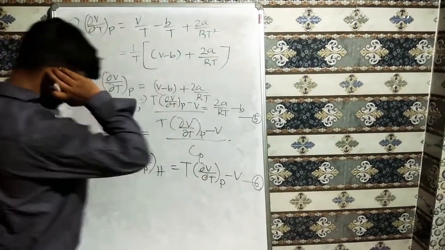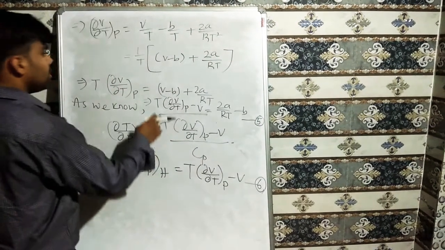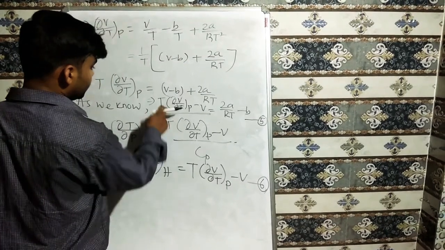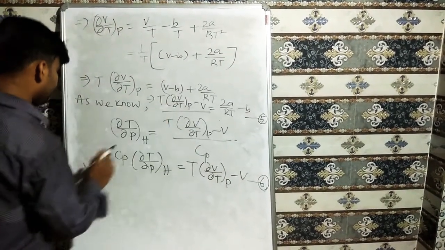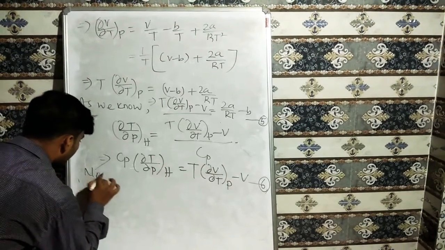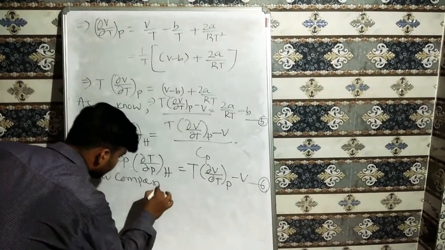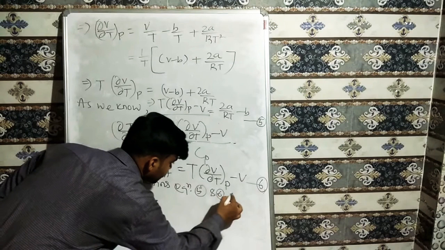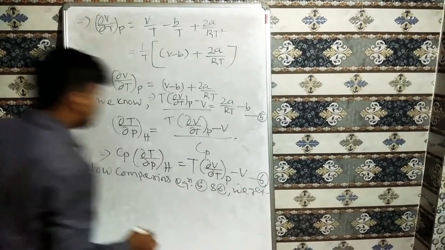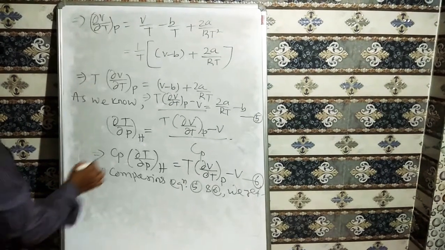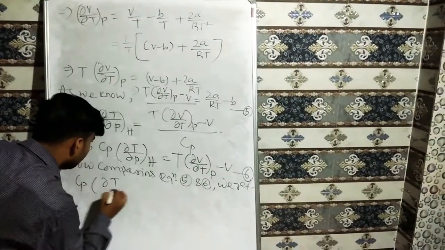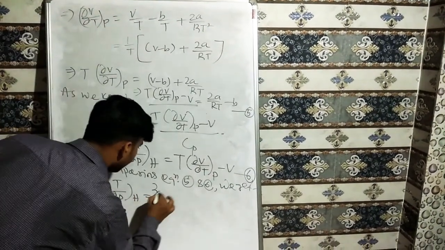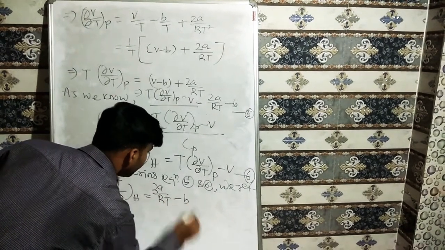In equation 5, on the left hand side this term, and in equation 6 on the right hand side this term, these two terms are equal, so we can write, comparing equations 5 and 6, Cp into (∂T/∂P) at constant H is nothing but 2a/RT − b.